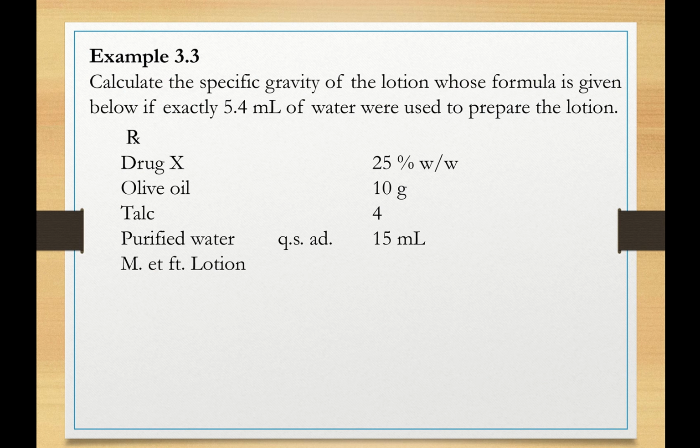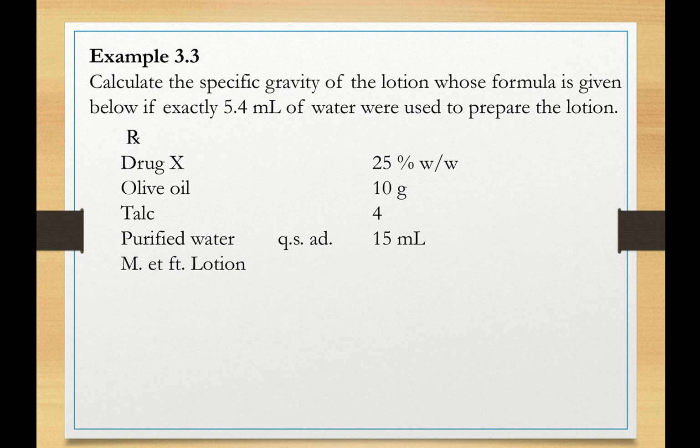Okay, and this example 3.3 is dealing with the third objective, which is basically to learn how to calculate the specific gravity of a liquid pharmaceutical formulation or dosage form. So here we have our formulation of drug X, olive oil, talc, and purified water to make up 15 ml.